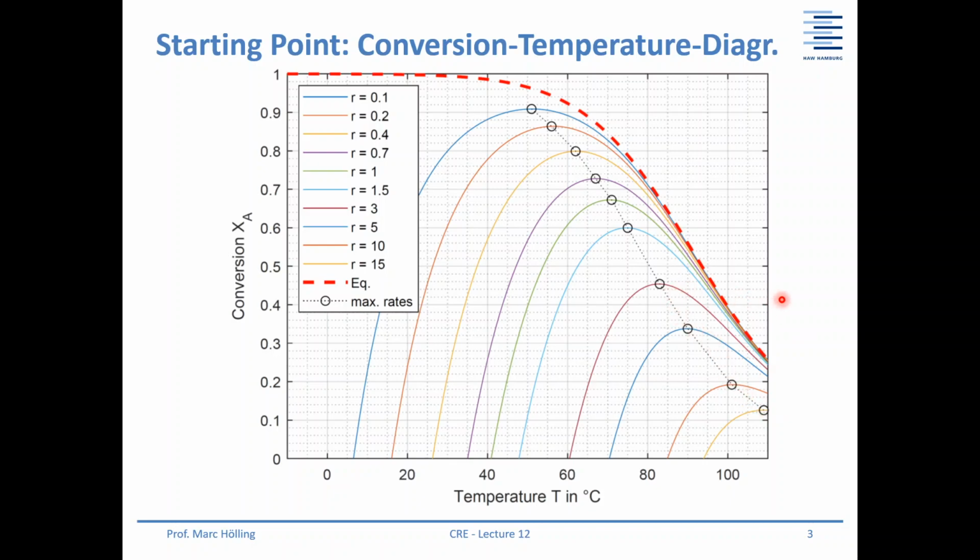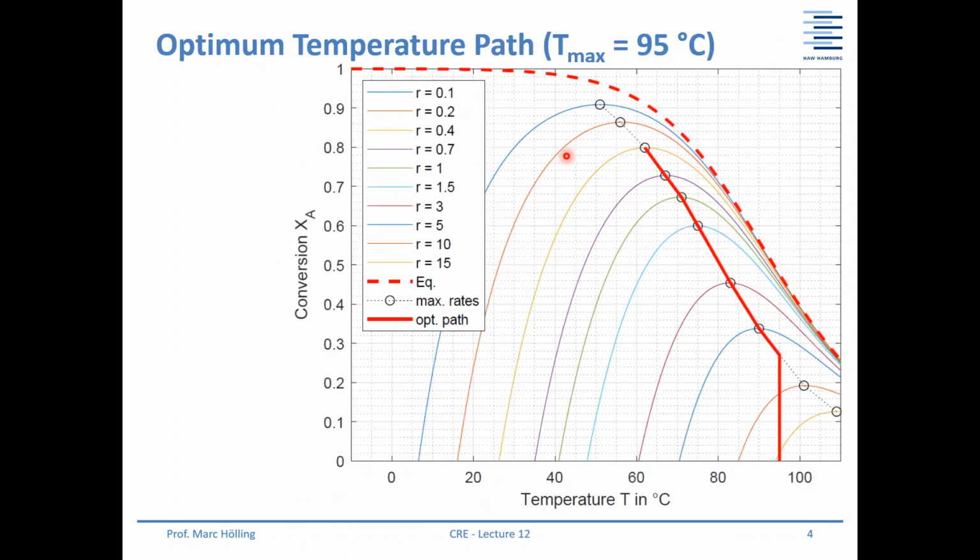With this knowledge, if we have the best reactor that we might have, and we can adjust the temperature very, very precisely, then it's the best idea to just proceed with the temperature on this curve of maximum reaction rate for a given conversion.